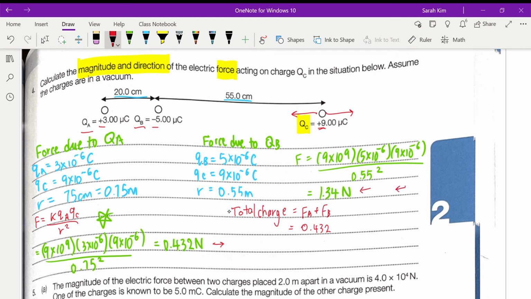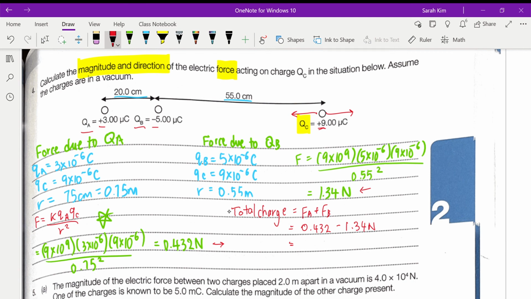Now this one's going negative, as you can see over here, the other way, so I'm just going to put negative 1.34. I like to just do the plus and the minus, or you can figure it out and then decide which direction it's going depending on which number's bigger. So it's up to you really.